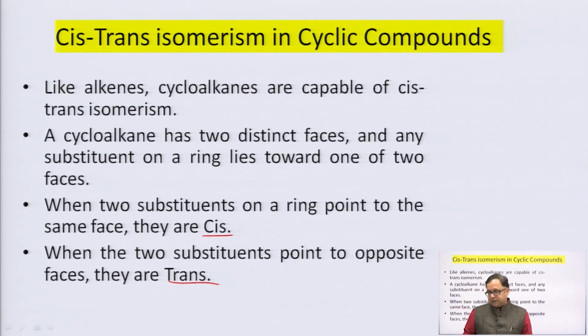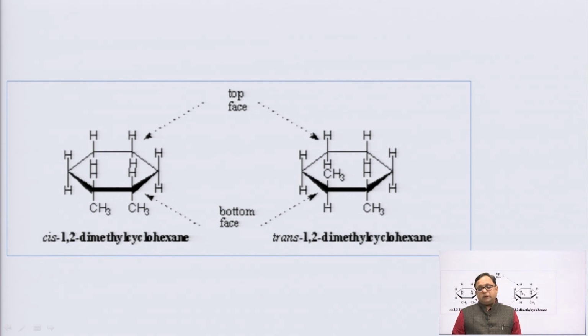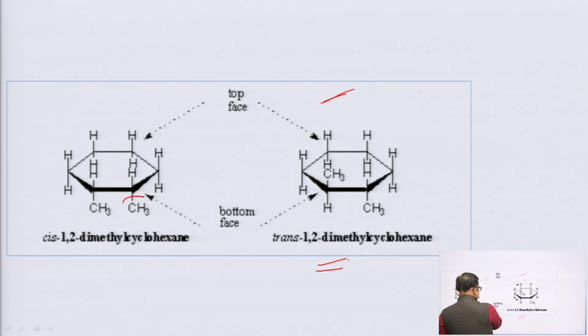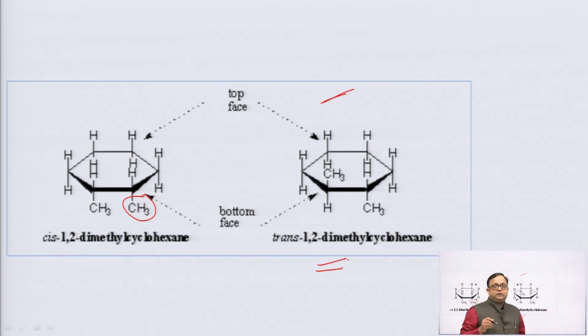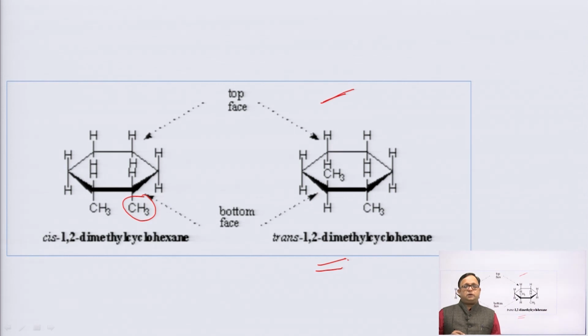Just like keeping a book in your hand and putting two pens, one above the plane and one below the plane. This is the top face, this is the bottom face. If you see these methyl groups present opposite to each other, one substituent is facing the top face and one is facing the bottom.